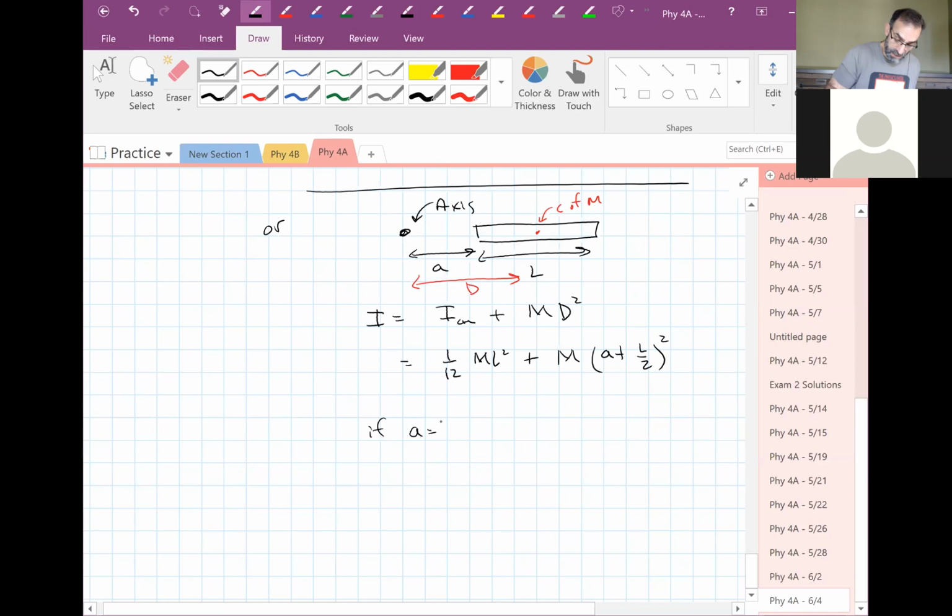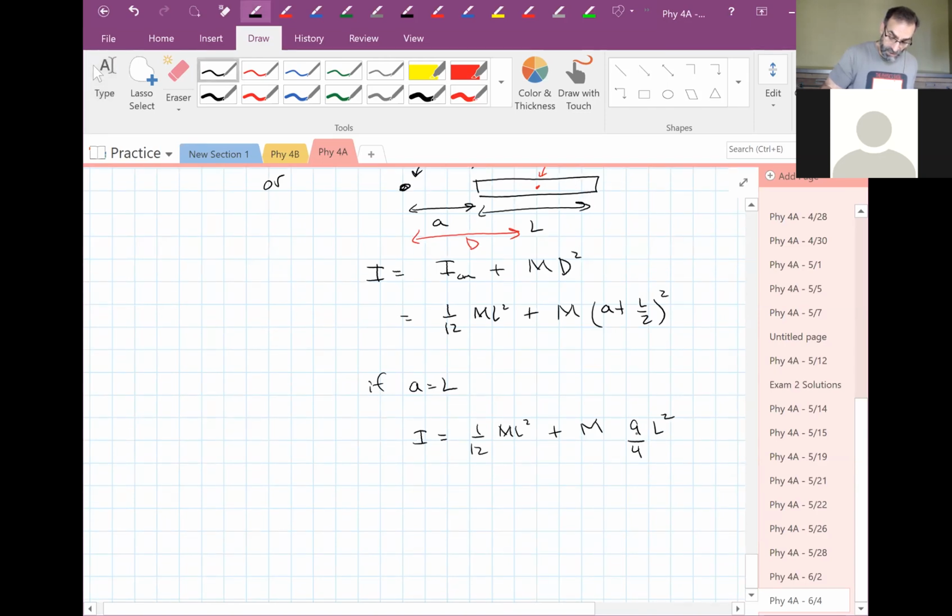And down here, if A is equal to L, we get 1/12 ml squared plus A is L. That's 3 halves, right? That's 9/4 L squared. Got to multiply that by 3. We got 28 over 12.